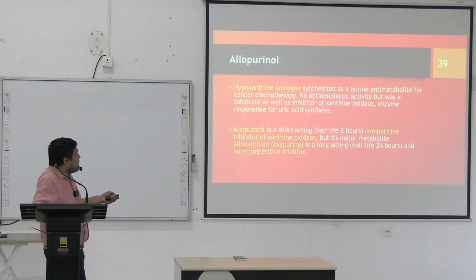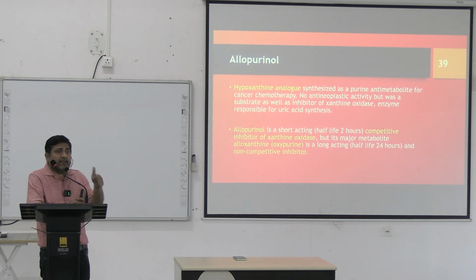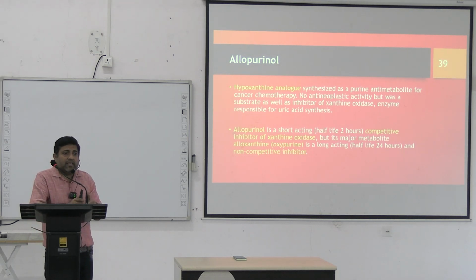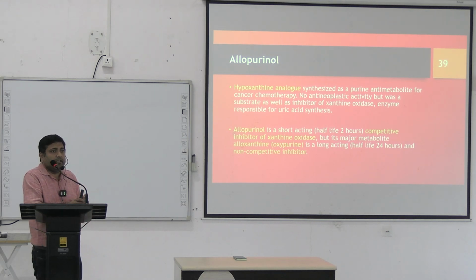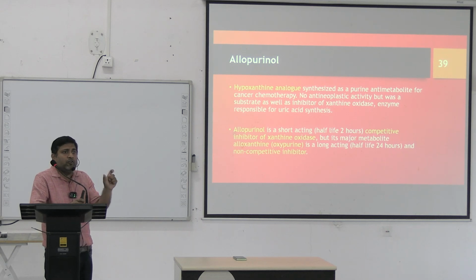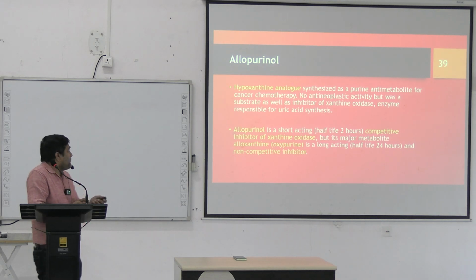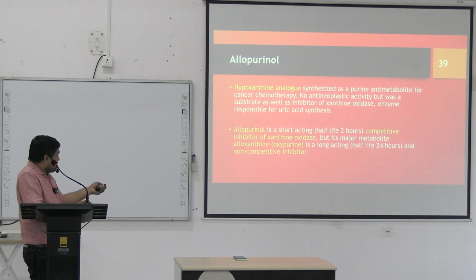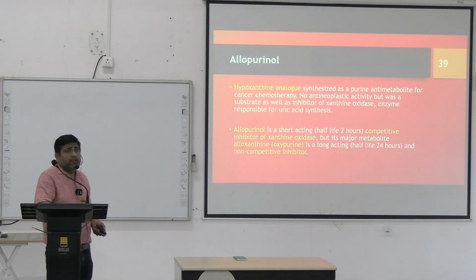No anti-neoplastic activity is noted, but it was a substrate as well as inhibitor of xanthine oxidase. So, it acts as a substrate for xanthine oxidase, and it acts as an inhibitor of xanthine oxidase. Substrate মানে কি করে? Xanthine oxidase converts allopurinol to alloxanthine.